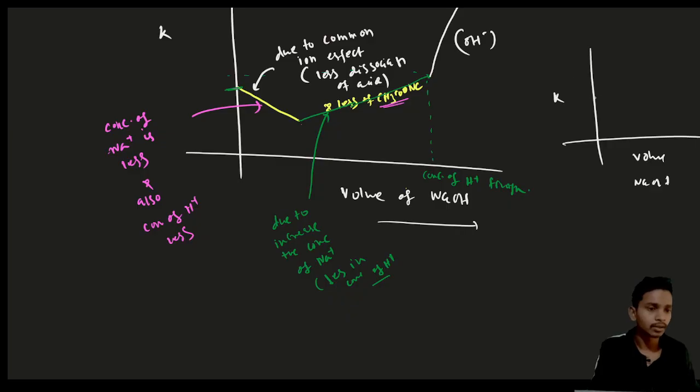Actually the graph will show very little dissociation at first. After that it will increase, and then it will increase like that. The actual graph will look like a very small amount at first, because after one drop only, this factor is happening. So that decrease is due to only one drop of NaOH.